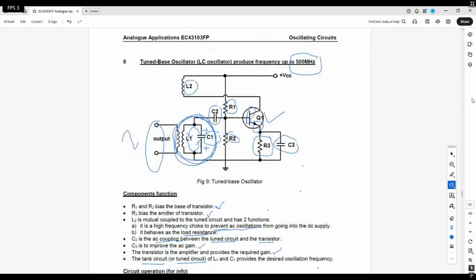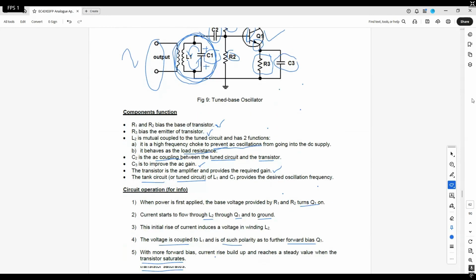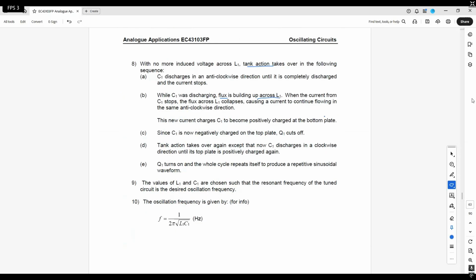If this is negative, this point is going to the base, it will turn off Q1 because Q1 needs a positive voltage to turn on, but now it becomes negative. So negative comes to the base of Q1, and Q1 will turn off. Okay, switched off already. Then we see what happened. Quite a lengthy one, but no choice to go through.